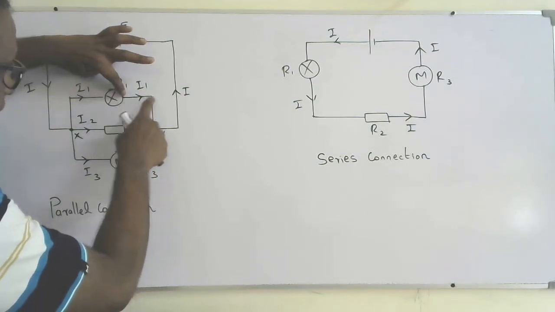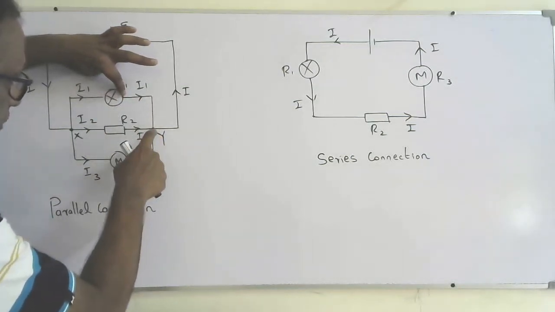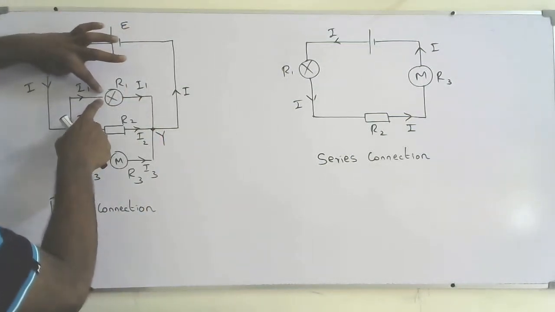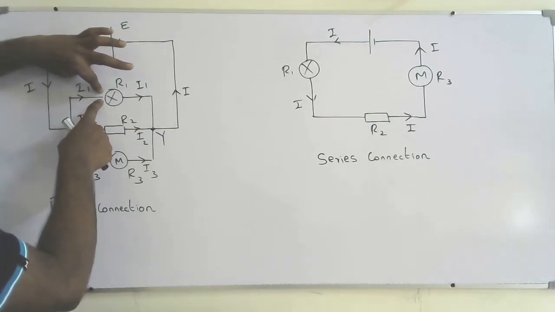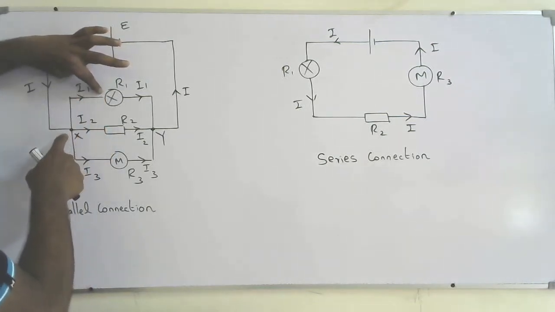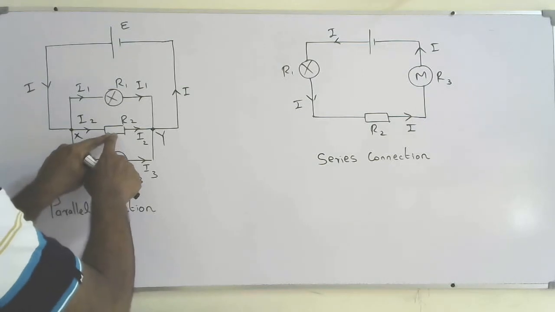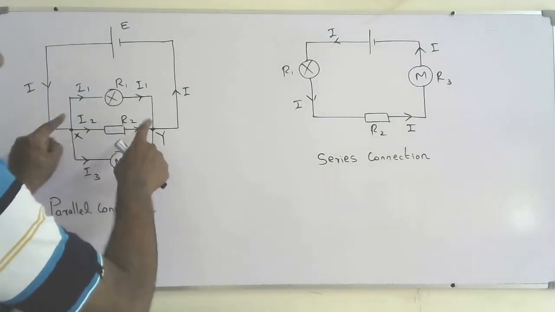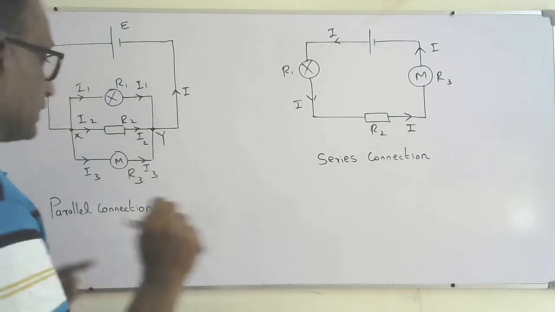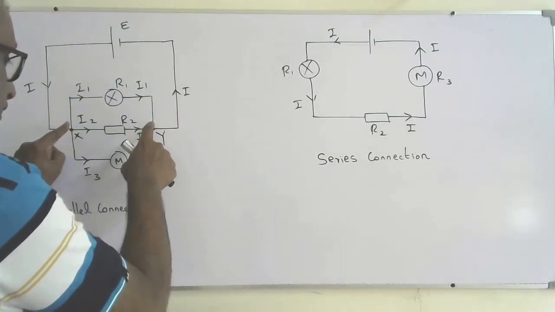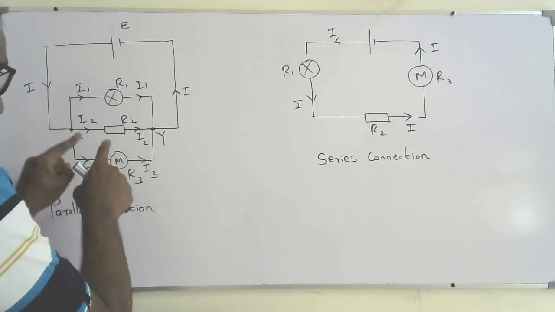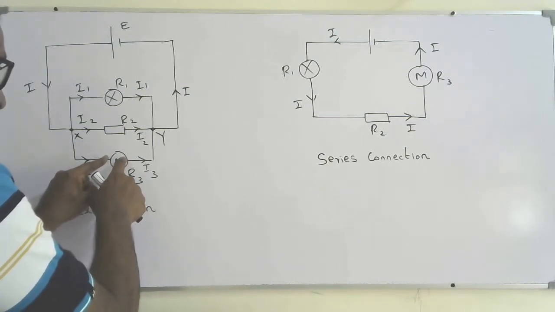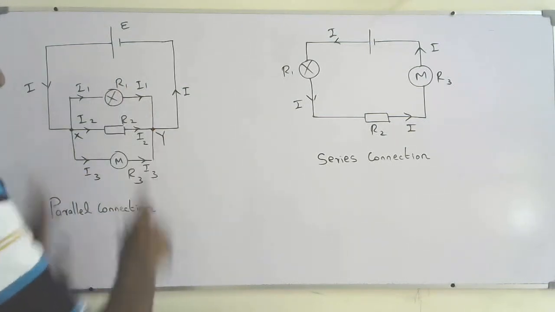Directly it is connected to the junction Y, and the other terminal of the bulb is directly connected to the junction X. When you consider the resistor, the two terminals are directly connected. I'm using the word directly, carefully notice that. Directly connected to the junction. Same way, in the electric motor, the two terminals are directly connected to the junction.